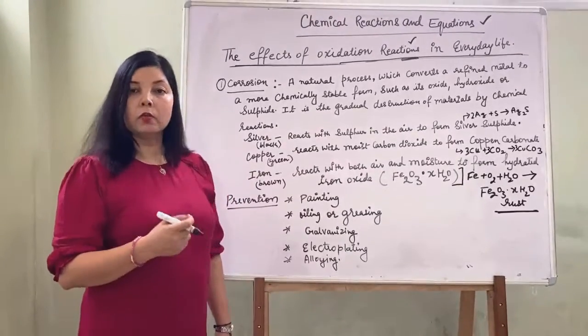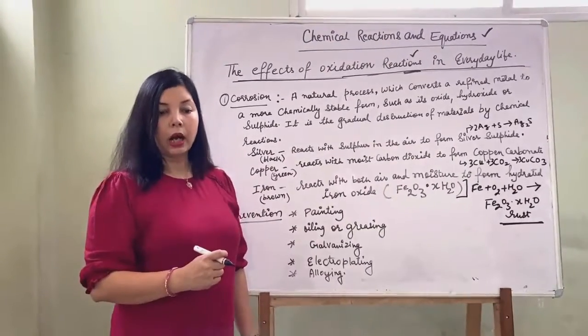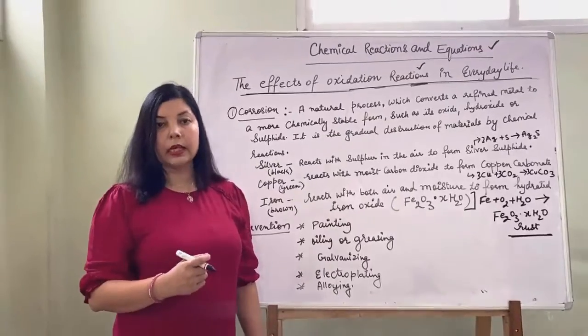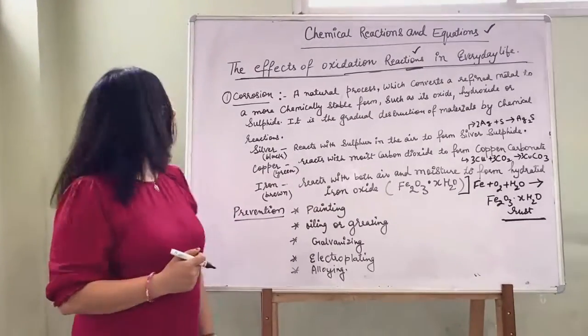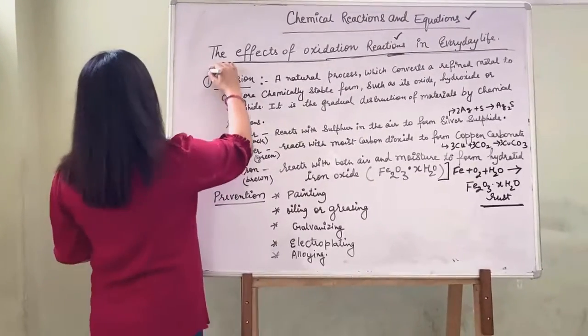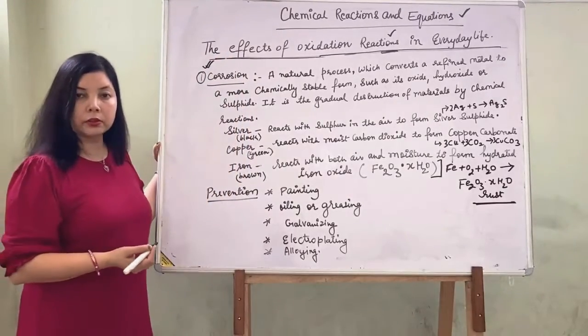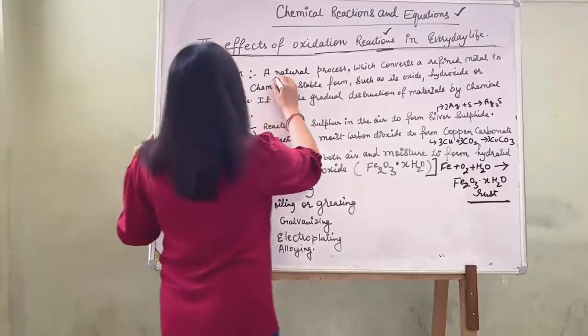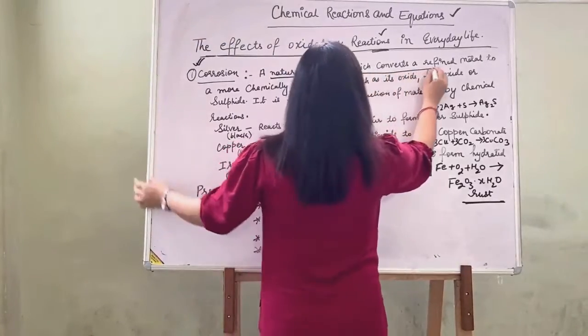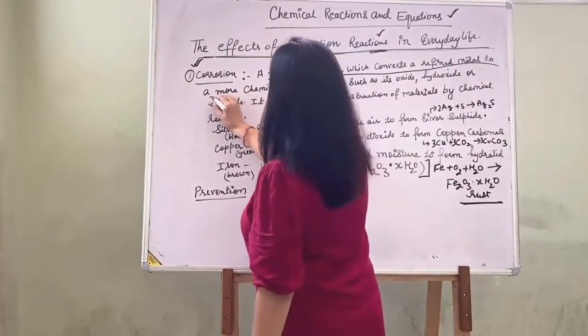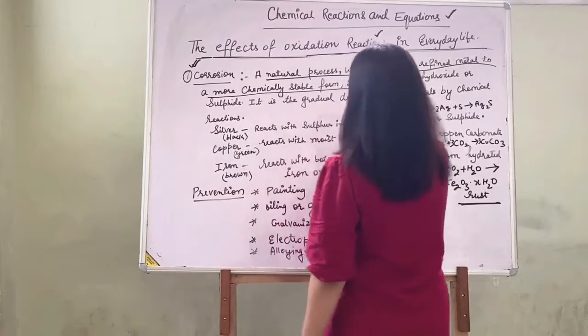We will see what corrosion is, how corrosion happens, and how we can prevent it. So what is corrosion? It's a natural process which converts a refined metal into a more chemically stable form.